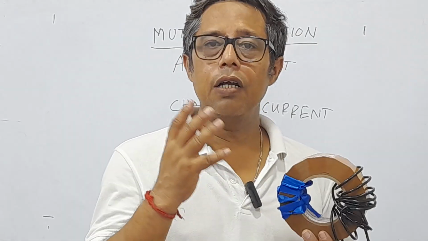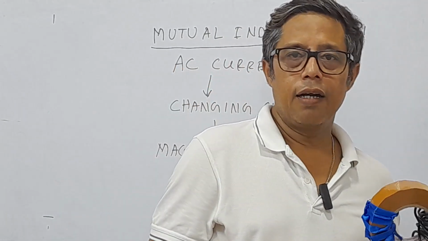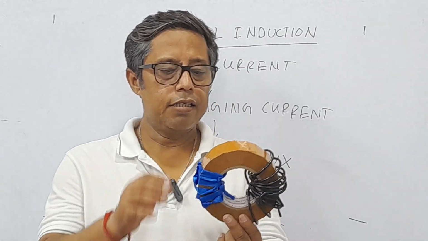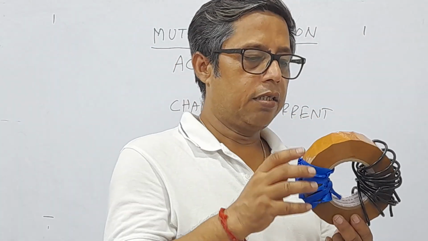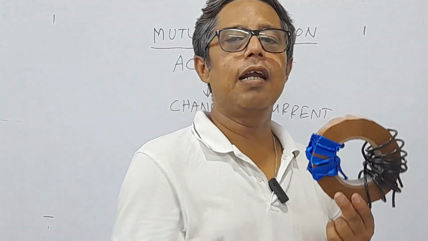The magnetic field is represented by the magnetic flux. This flux is going to be exposed to the secondary coil.